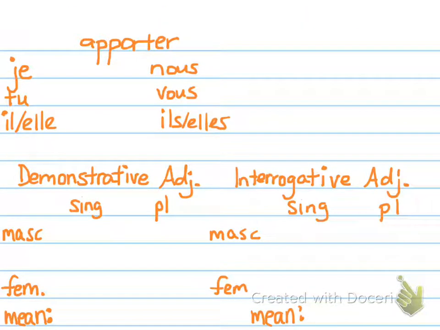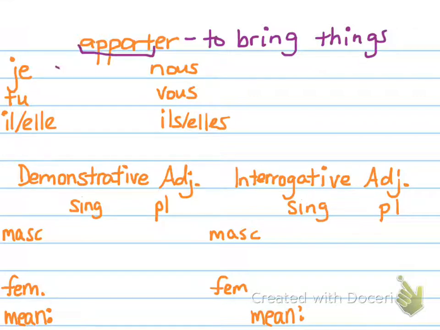Apporter was also in this lesson. Apporter means to bring, but it's used for things. It's a regular ER verb. So again, our stem here, and we add an E, and realistically this becomes J apostrophe.